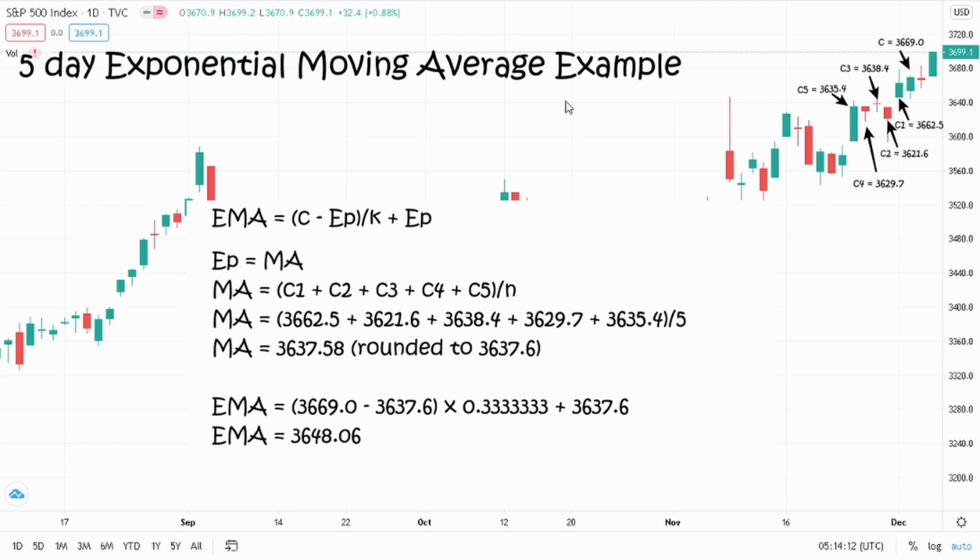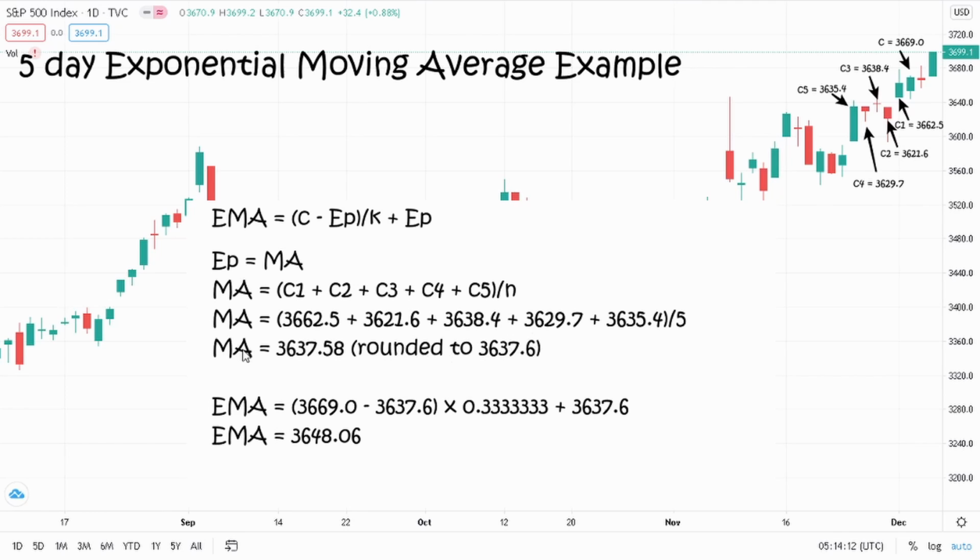So that means we are going to calculate the 5 closing prices before December the 2nd, and then we're going to divide them by 5 because we're looking at 5 different price periods. This gives us a number of $3,637.58, or rounded up to 60 cents.